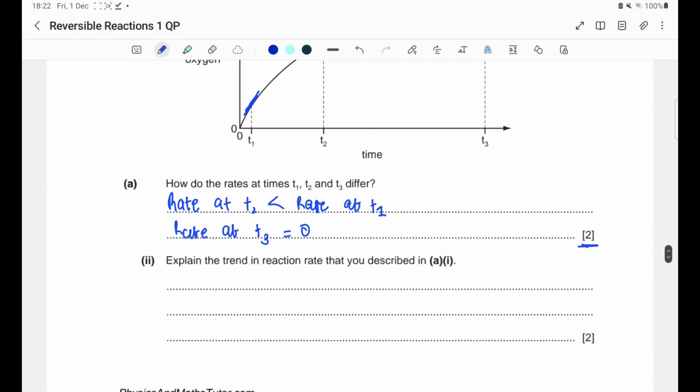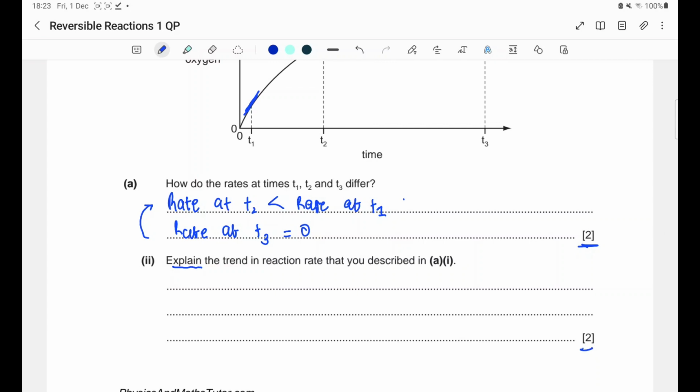Now over here, they asked you to explain the trend in the reaction rate that you described in A. So over here, they have asked you to explain it, and you have to give 2 reasons for your 2 points. So 1 reason for each point.